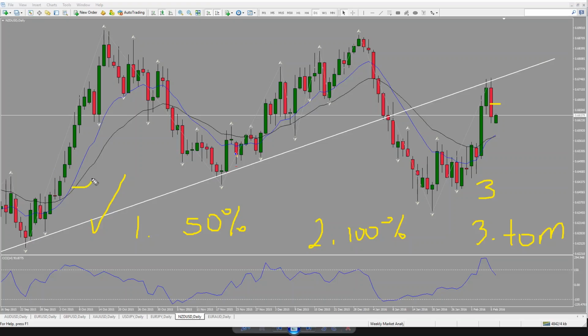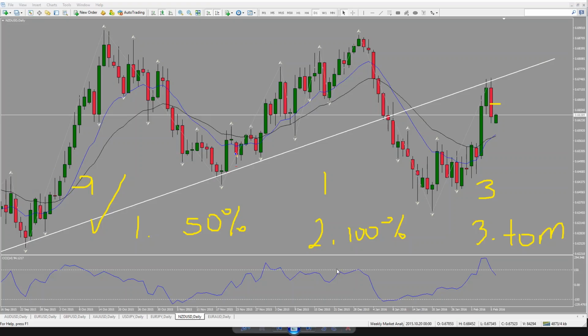So that's 9 and 3. 1 person said this. Anybody else want to? There's a few of you that are saying nothing. All right, so let's put in 50% of the risk.